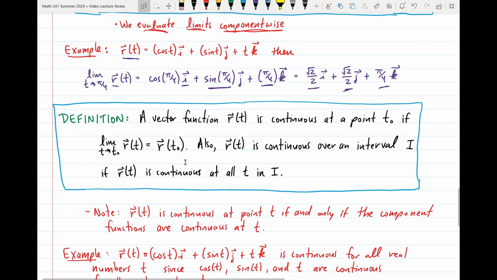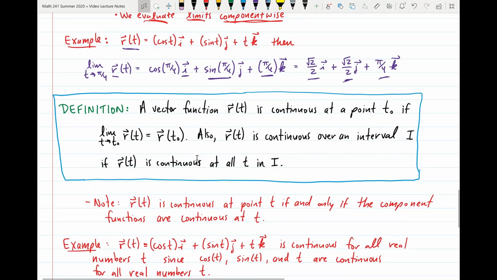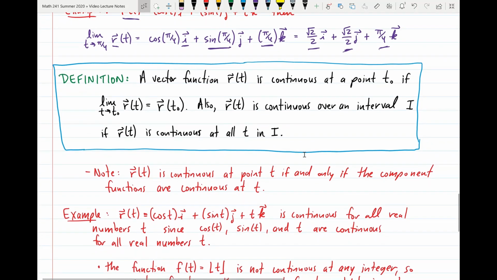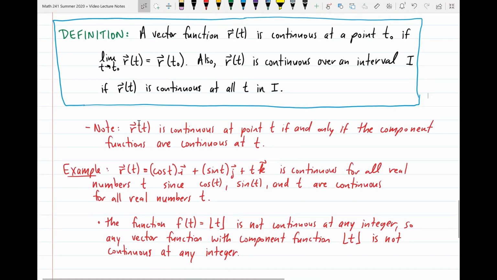And this is almost identical to the definition of continuity for scalar functions that we gave in Calc 1. Also, r of t is continuous over an entire interval I if r of t is continuous at all the points t that lie inside of the interval I. So r of t is continuous at a point t if and only if all of the component functions are continuous at t.